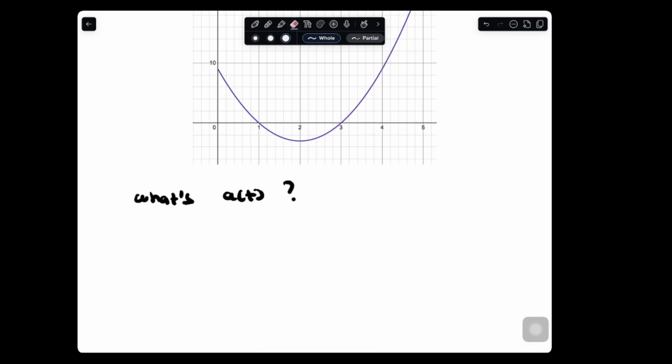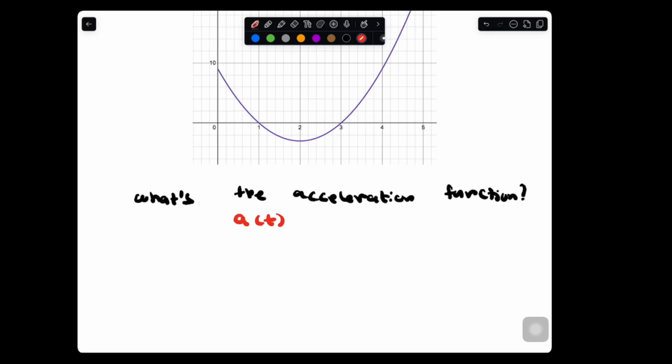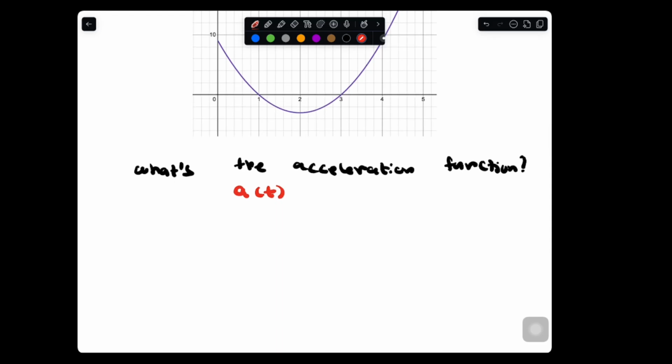Let's put that in words first. Acceleration, they're asking for A of t. What's my definition of A of t? Well, A of t is the derivative of velocity, because acceleration is really the change in velocity over the change in time.